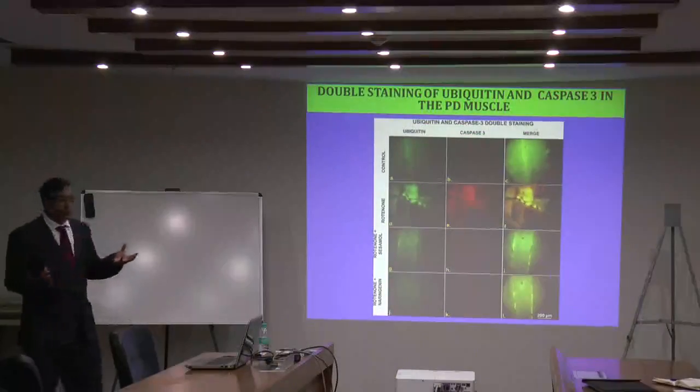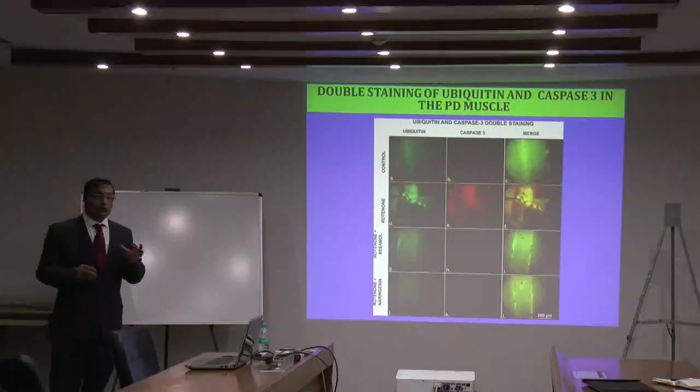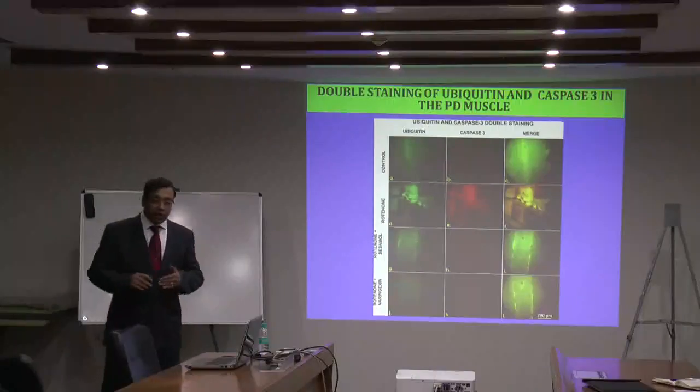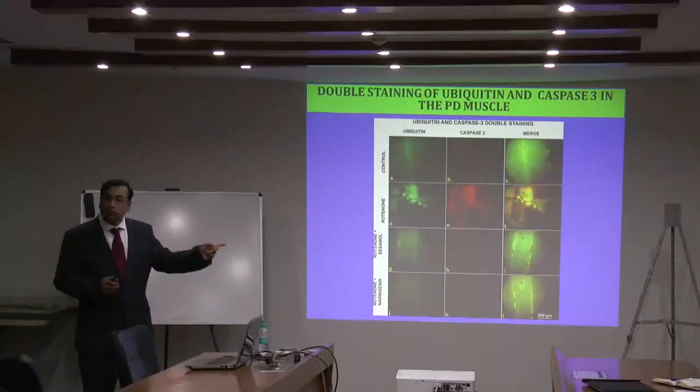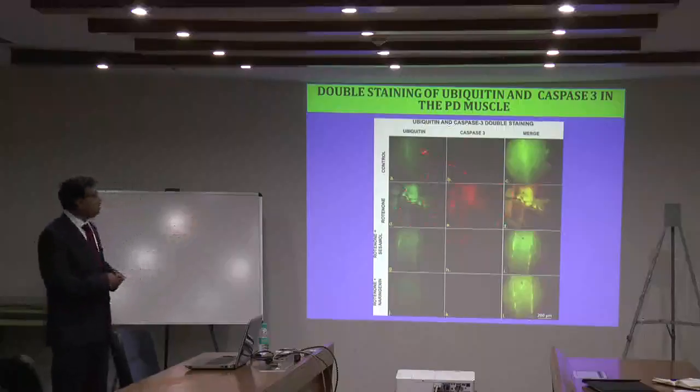Then we did a colocalization assay of ubiquitin and caspase, because if apoptotic pathways are triggered, we wanted to know whether it follows the ubiquitin pathway or not. We checked this successfully, and you can see the ubiquitin cascades after merging.